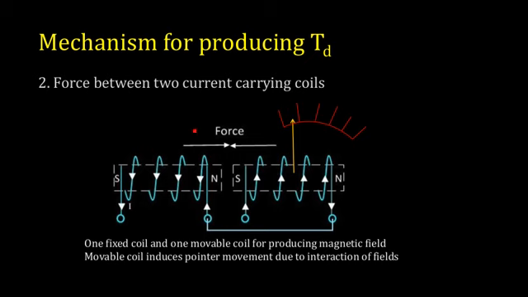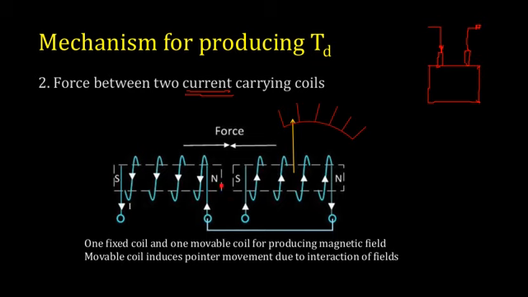Now the second type is you have two current carrying coils. Here this current is basically the current that is being measured, or the current that is being given to the meter. You have two terminals, so the current goes in and then moves out. These are not permanent magnets, these are electromagnets, so only once your current is flowing will the magnetic effects come into the picture.